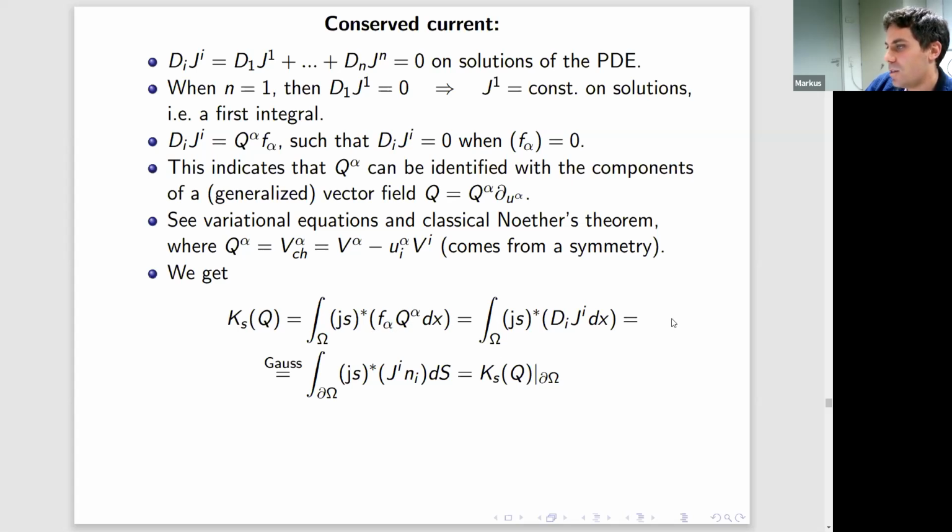Then we know that this is the divergence expression, and we can apply Gauss's theorem, or the divergence theorem. Instead of integrating over omega, we integrate over the boundary of omega, and we have here the unit normal vector and the surface volume form. So we can write it in this way.